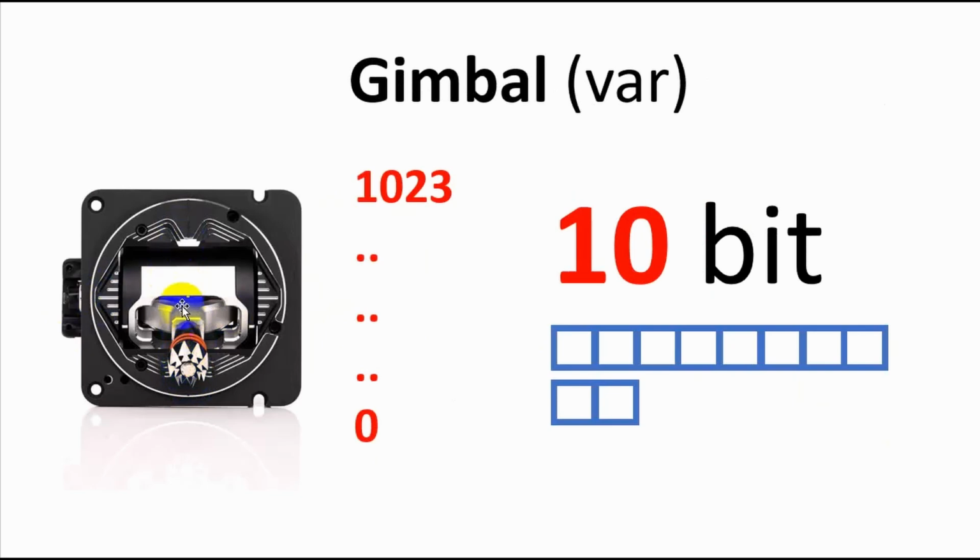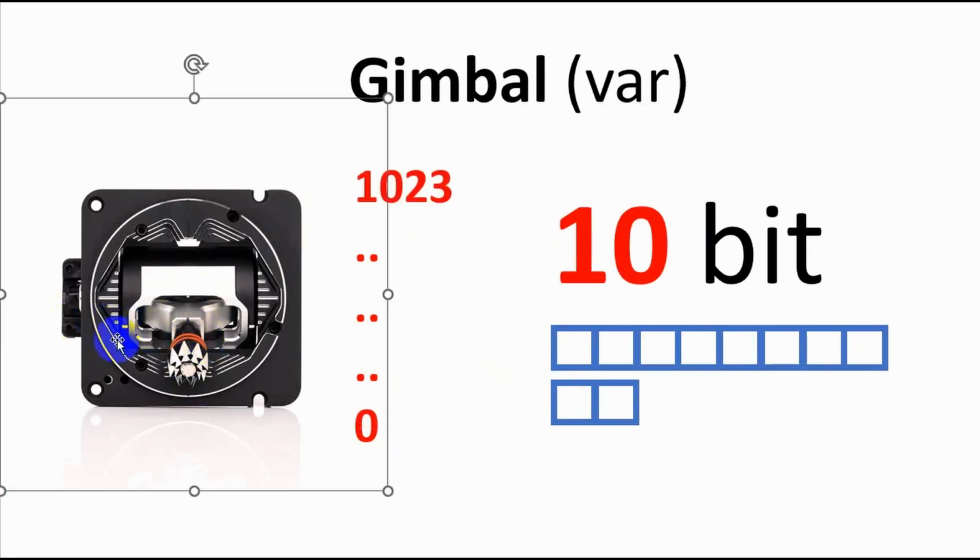It has lots of positions, so we can split it into about 1000 levels and encode it with 10 bits. So again, to transfer the position of a gimbal accurately enough, we will need 10 bits.